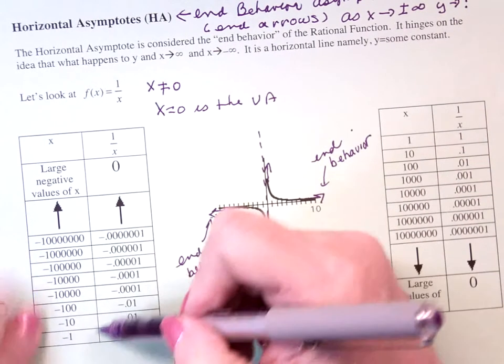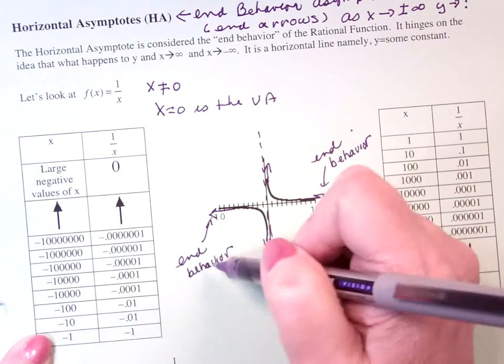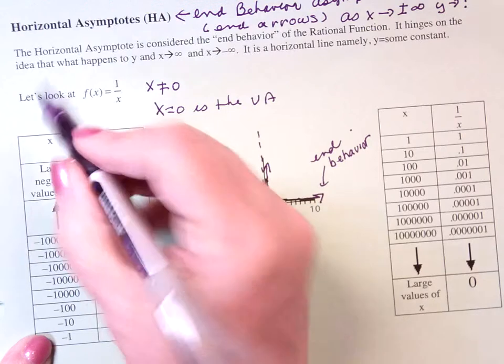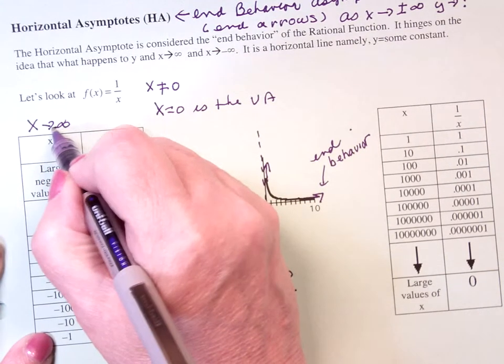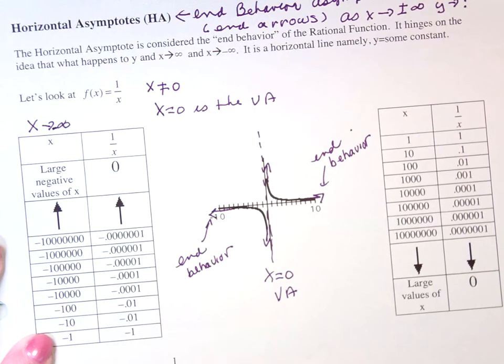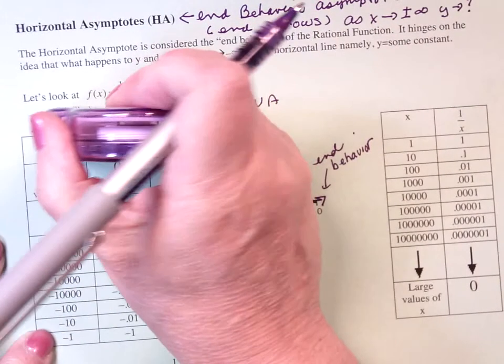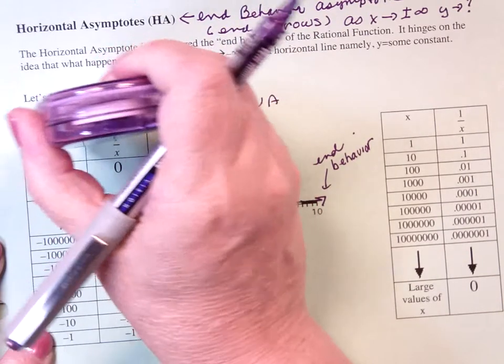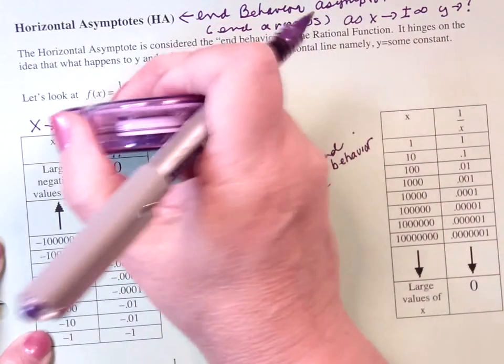And this says what happens as x gets very, very large in a negative way. X is going to have to go to, in a sense, negative infinity. Let's not be cooperative.